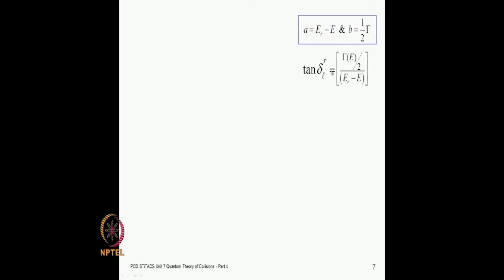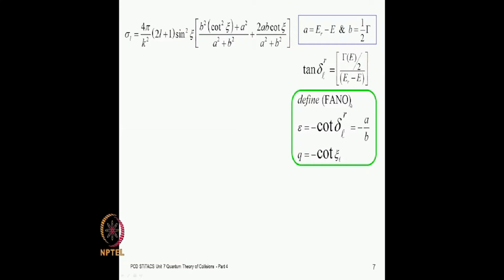Then we do know that the tangent of the phase shift at resonance is given by gamma over twice the difference of this energy, and this is in fact how we had defined the resonance width. This was the definition of gamma, as you will remember. So now we have this expression, and what we do is to define these two parameters epsilon and q following Fano. So this is how Fano defined the two parameters epsilon and q.